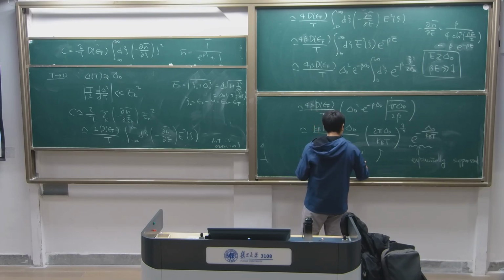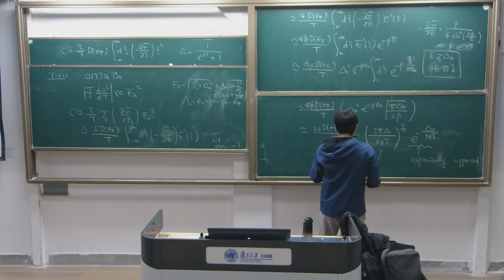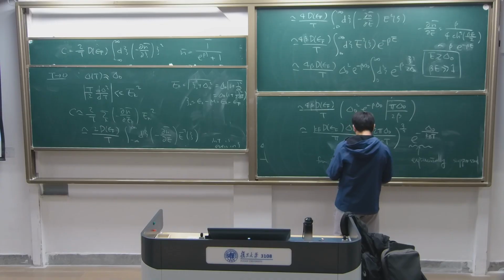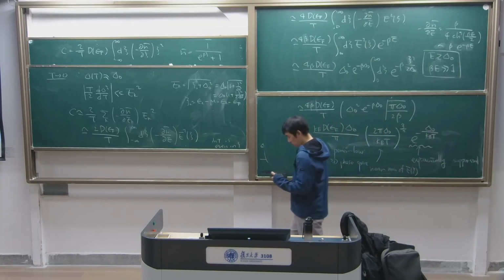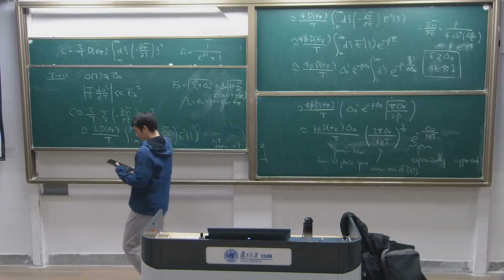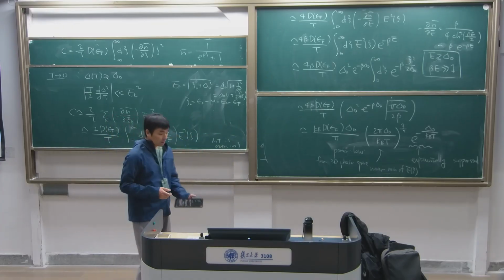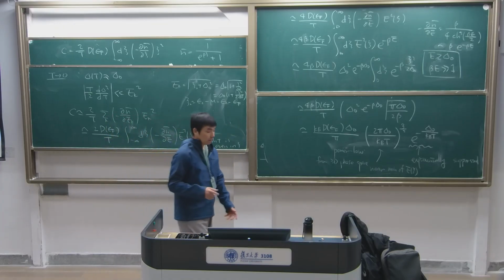So it's just coming from the Gaussian integral based on space, near the minimum of the energy. So that's how you do it.